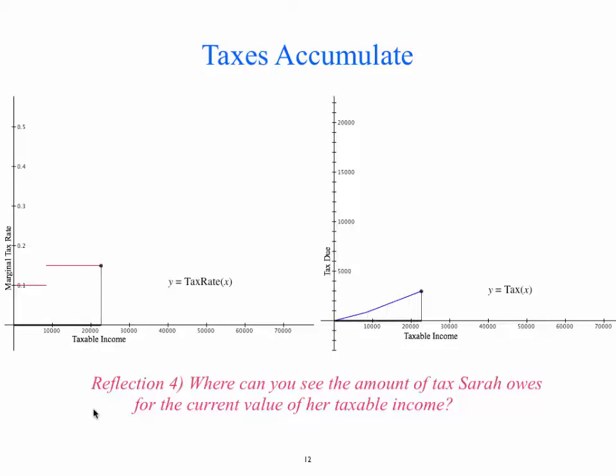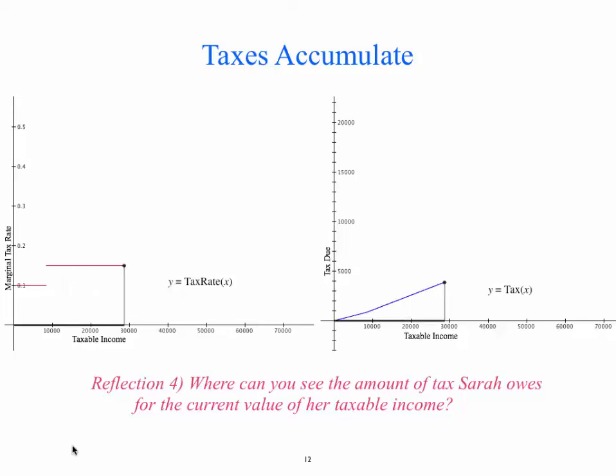If you were to stop it, go over to the y-axis. What do you mean, the white coordinate? No, but where would you look to see the amount? Where would you look to find that amount of tax due? On the right graph. Yeah, the right graph.